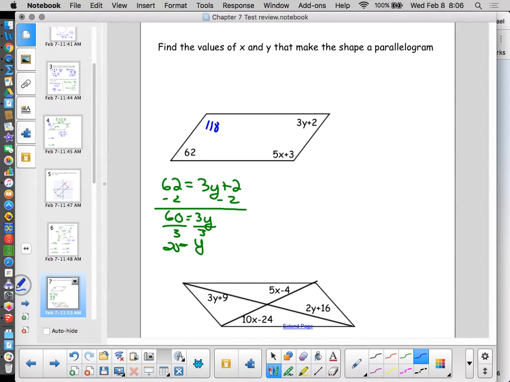So I could figure that and then go 118 equals 5x plus 3, so 115 equals 5x, so x is 23. Or I could have done 62 plus 5x plus 3 equals 180, and I get the same result. Okay?